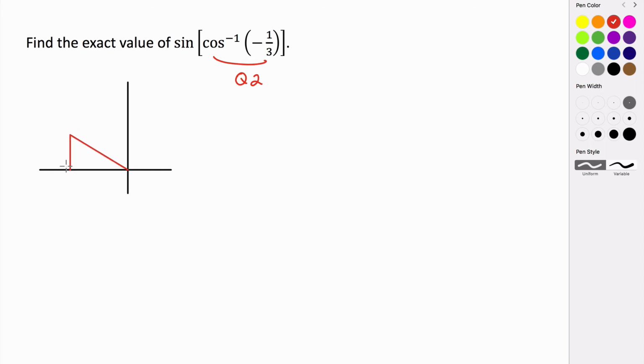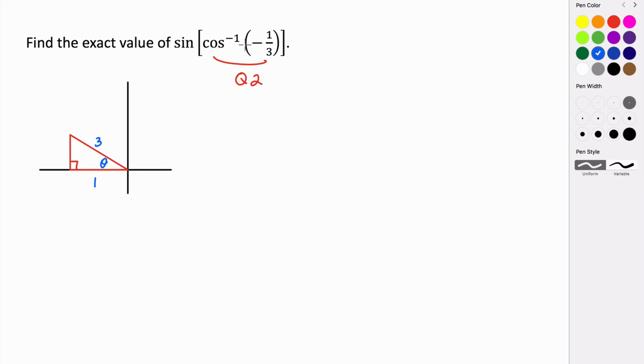Note that this triangle is not drawn to scale. It's the cosine, so here's theta. The cosine is the adjacent side over the hypotenuse. So this side length is 1, the hypotenuse length is 3. And so we need to find the missing side so that we can then evaluate the sine.